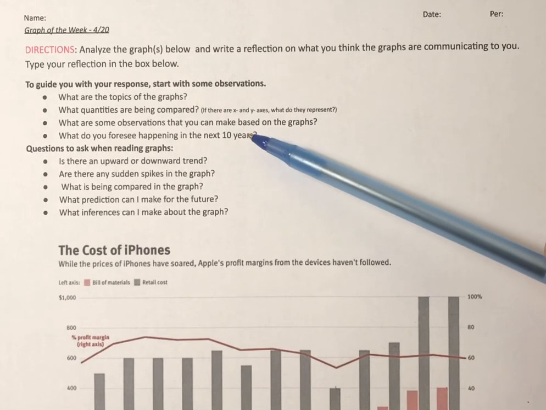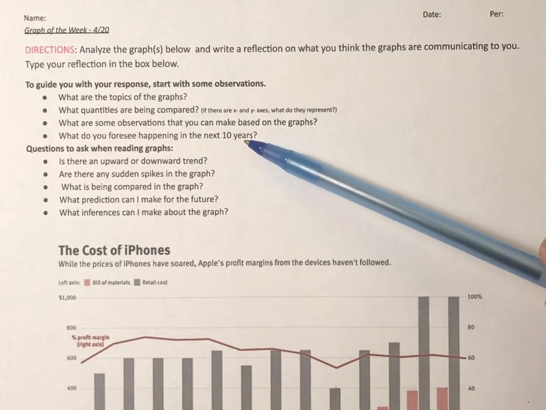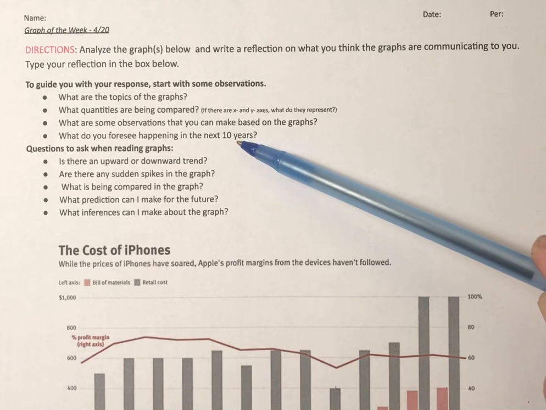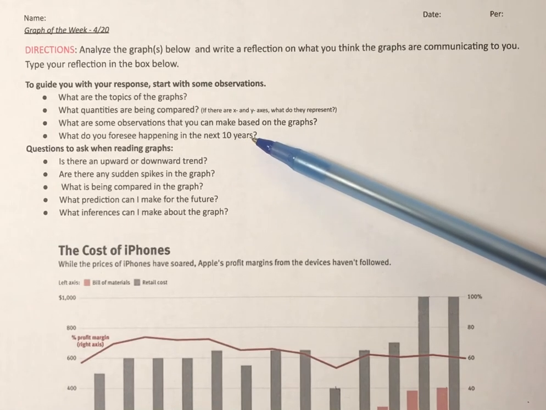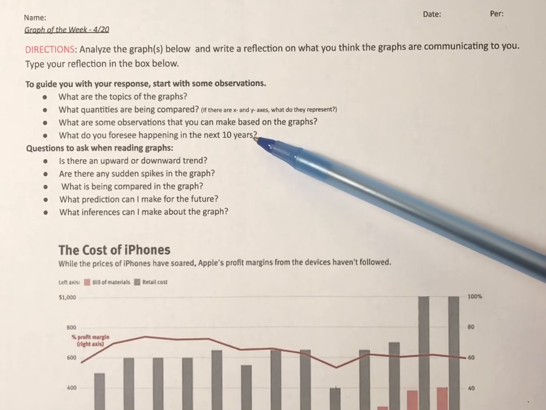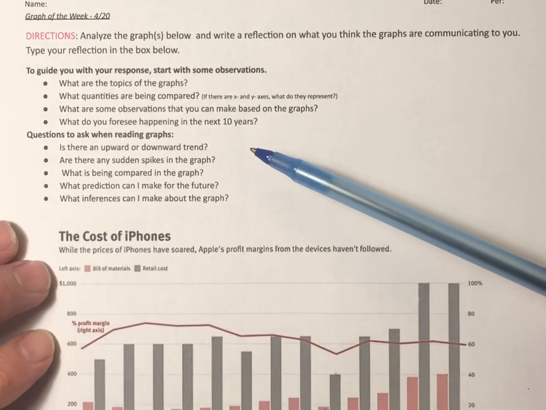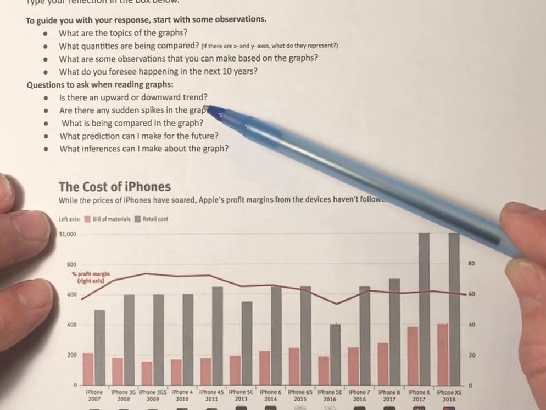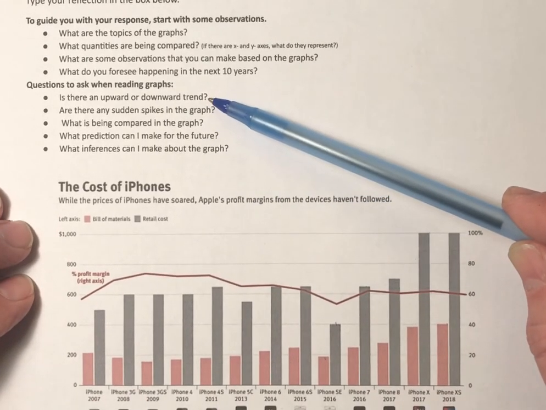One advantage to looking at a graph is to try to foresee or predict patterns, and maybe look out 5 to 10 years with the data that you have and see if you can make some predictions. You might look for any upward or downward trends.